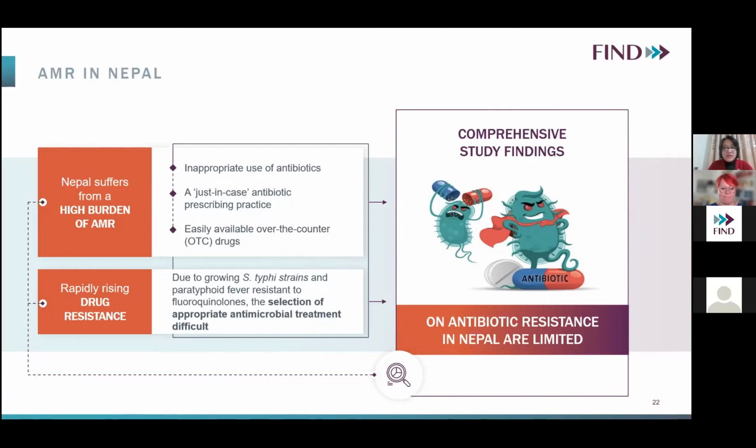I would like to mention that Salmonella typhi strains and even paratyphoid fever that are resistant to drugs like fluoroquinolones are slowly growing. So it is very, very difficult to treat these cases with antibiotics. And also in Nepal, comprehensive studies on antibiotic resistance are very, very limited.